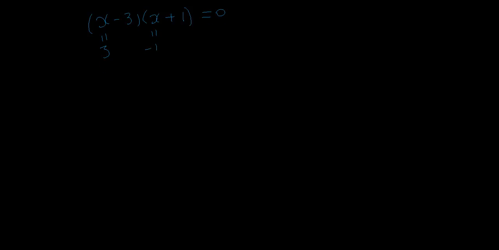And so the more difficult part is if the equation is not in this form. For example, if you multiply out these two terms, then you get x squared plus x minus 3x plus minus 3 is equal to 0. You just multiply x by 1, minus 3 by x, and minus 3 by 1.